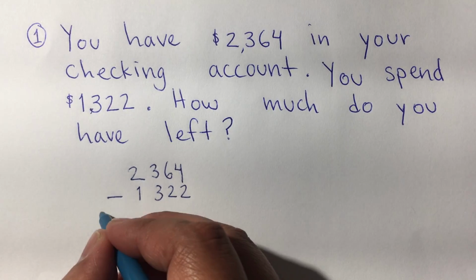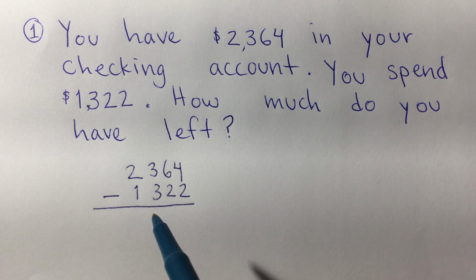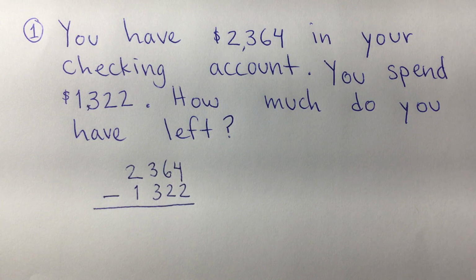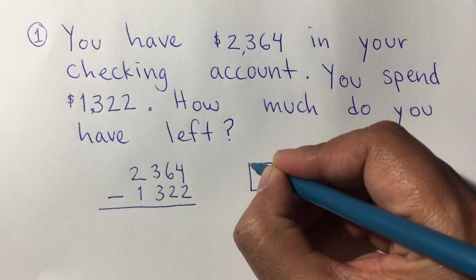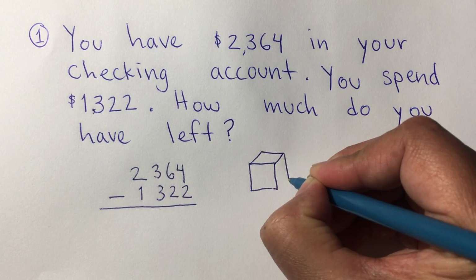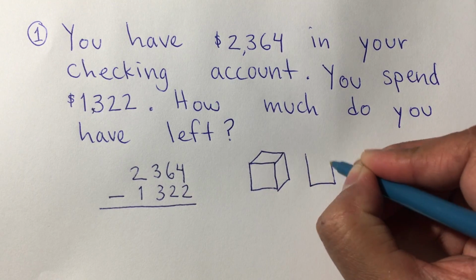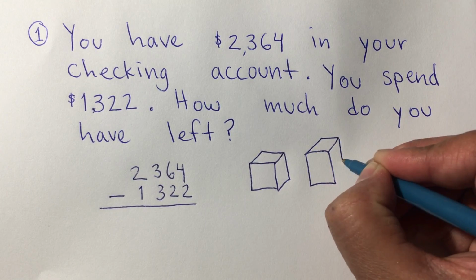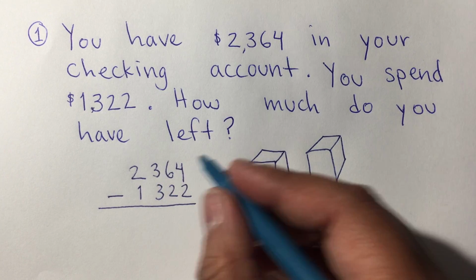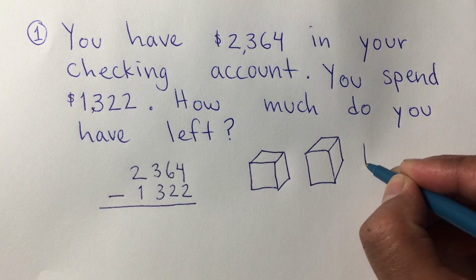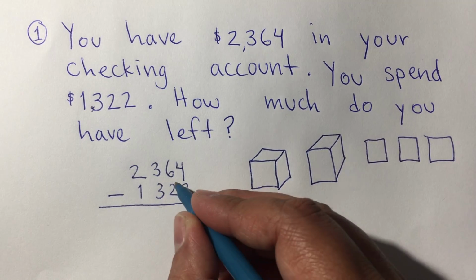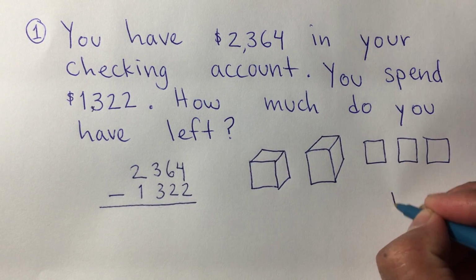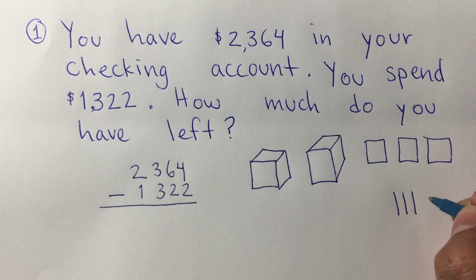Again, some of you might not need the model. Pause the video, do the answer, and then forward the video. So 2,000 is represented by 2 cubes. That's 1,000, 2,000. 300, it's going to be 3 squares. 60 will be 6 lines.